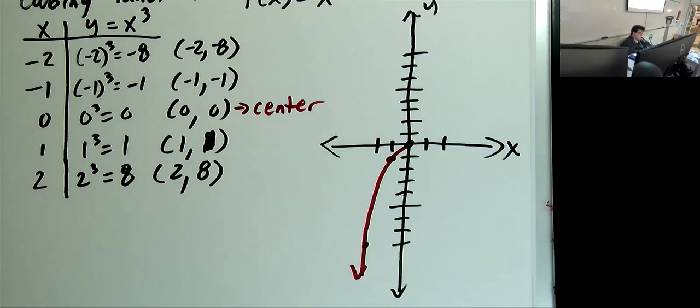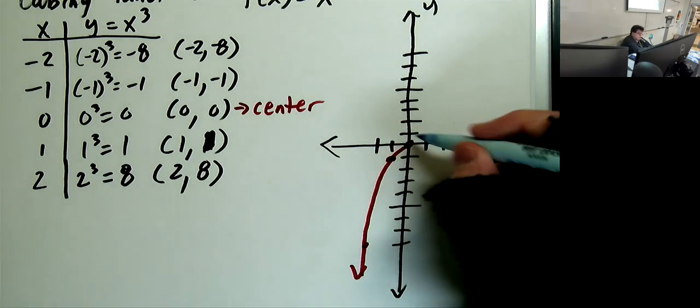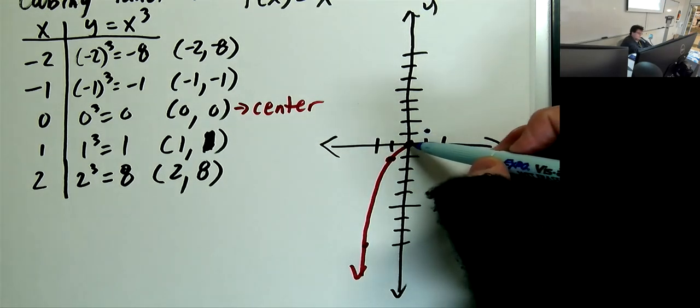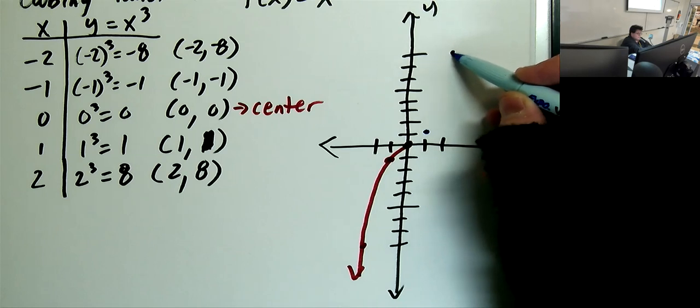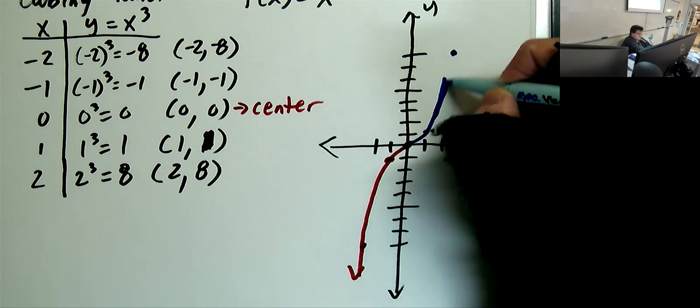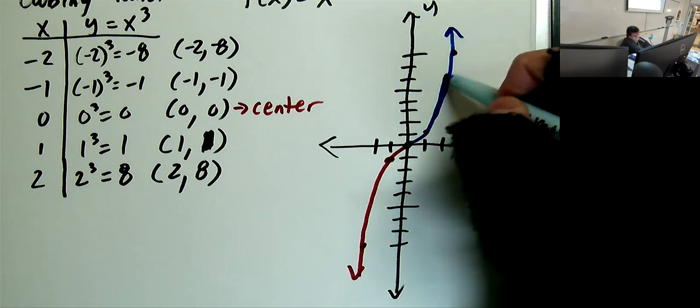I go to the right, I go right 1 and then up 1. That'll get me to 1, 1. And I go right 2 and up 8 to get me to 2, 8. That's not very curvy looking.